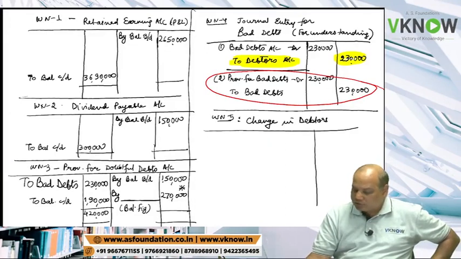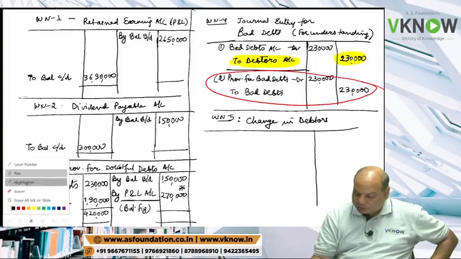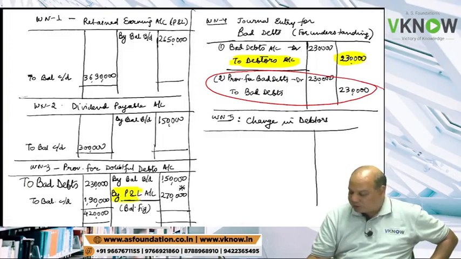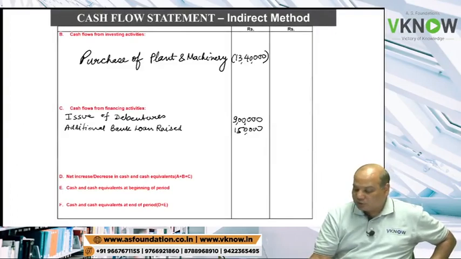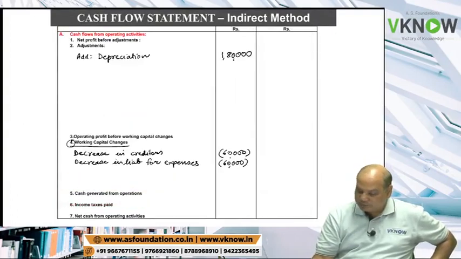You will call it by profit and loss account. 2,70,000 by P&L account. It can't be by bank. It is provision for doubtful debt. So this is a non-cash item which is debited to P&L account. So in operating activity, we will add back.